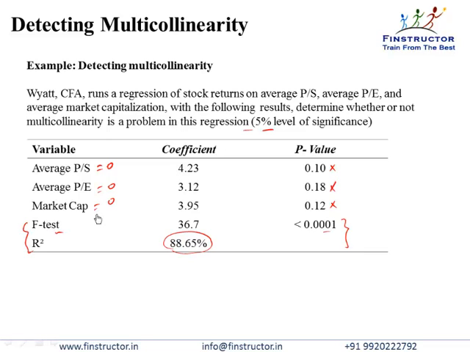However, each of the individual coefficients is insignificant. This indicates a potential problem with multicollinearity, that is, you possibly have two or more variables that are highly correlated with one another, and hence the situation is happening. The price to sales and price to earnings look like they are highly correlated, and they should not be put together in the regression model.